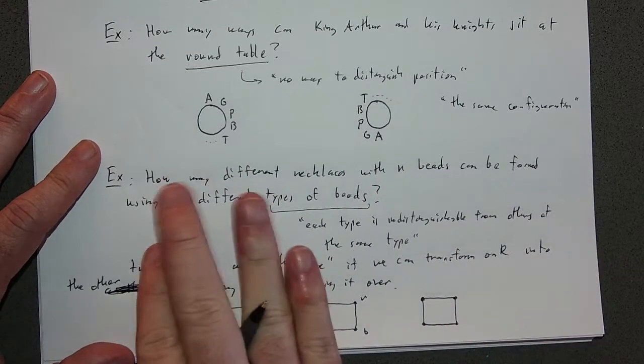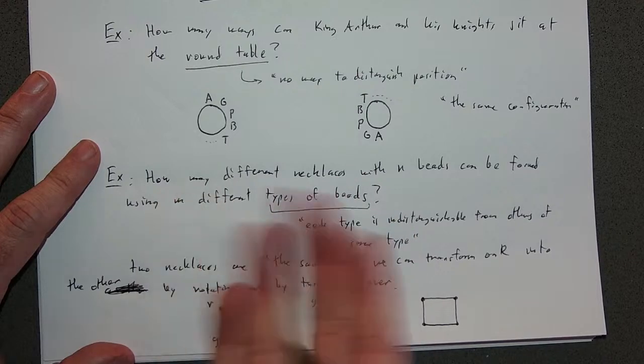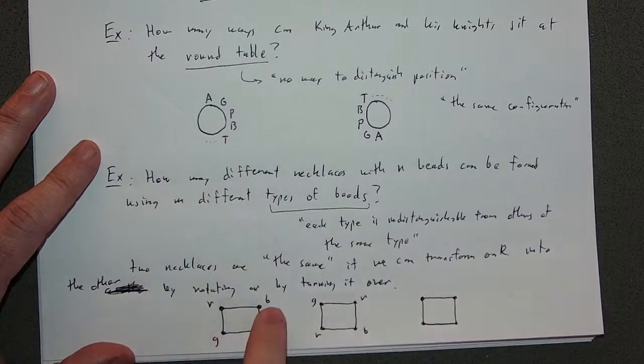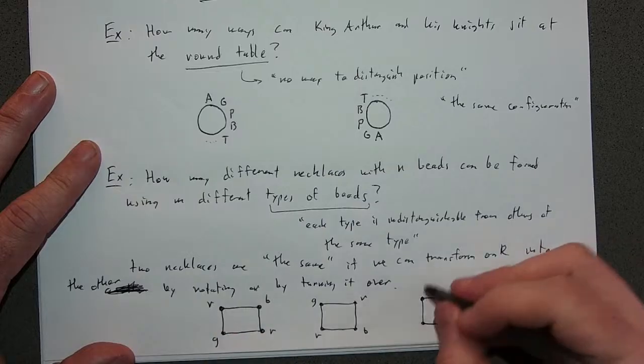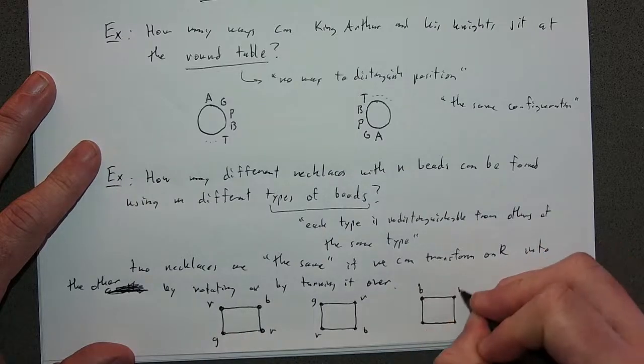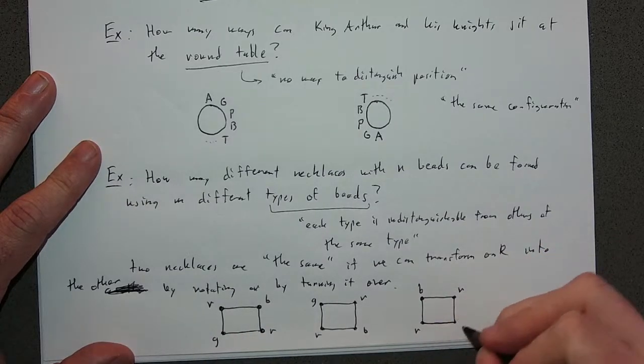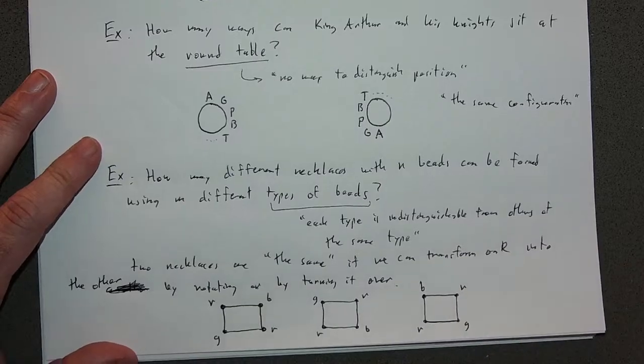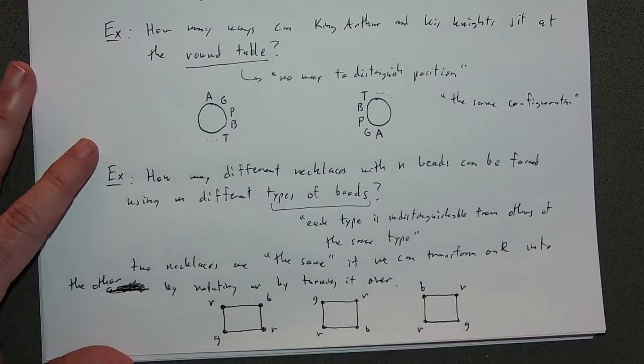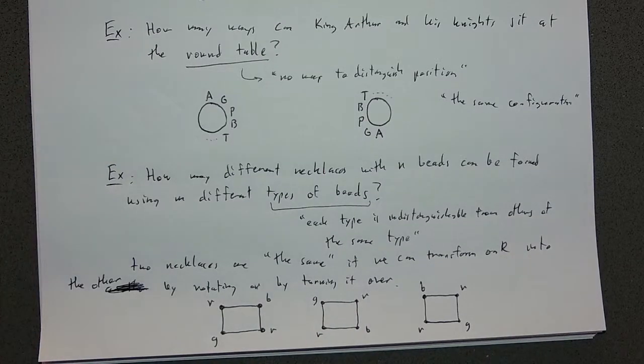If I'm flipping it this way, red goes here. These two are interchanged. These two are interchanged. So this would be B, R, and this would be R, G. So all of these would be the same necklace. Okay, so there's even more symmetry present here.